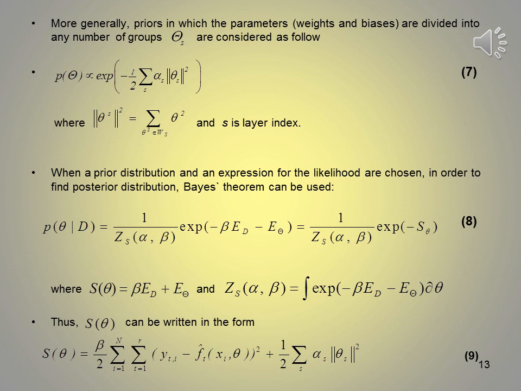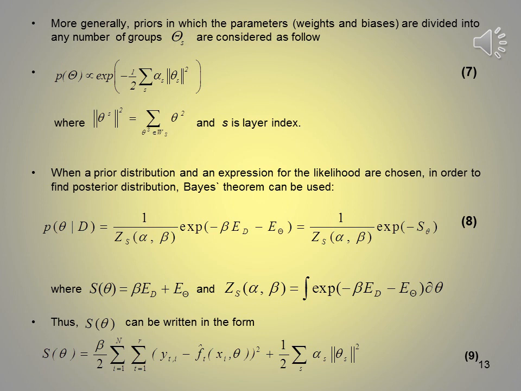When a prior distribution and an expression for the likelihood are chosen, in order to find the posterior distribution, Bayes' theorem can be used, as in equation 8. Thus, H(theta) can be written in the form given in equation 9. In order to maximize the posterior distribution, H(theta) can be minimized.